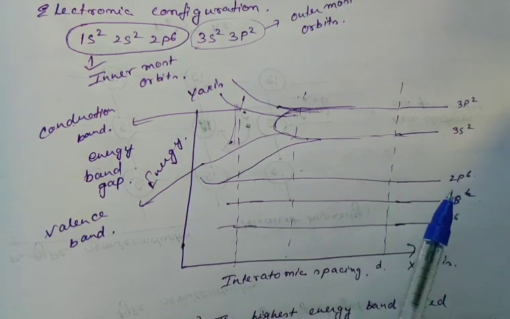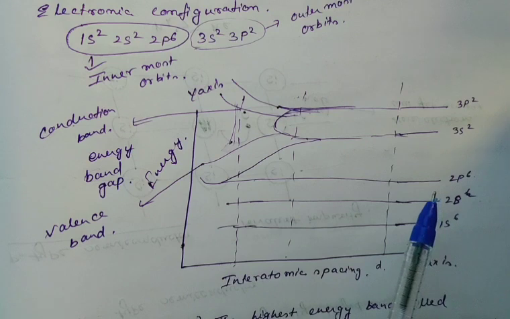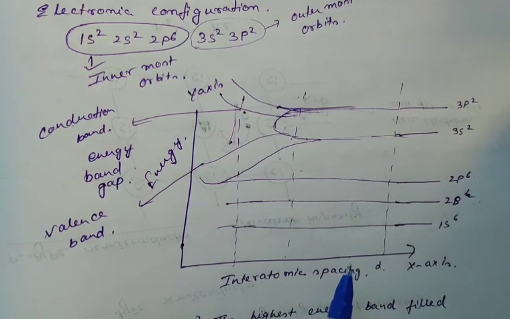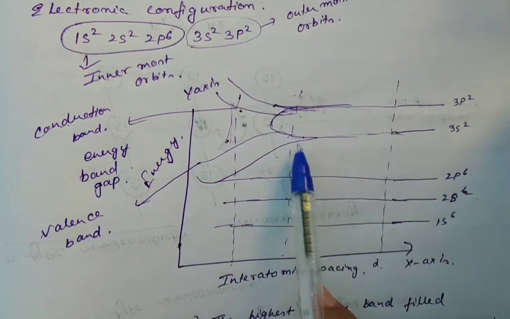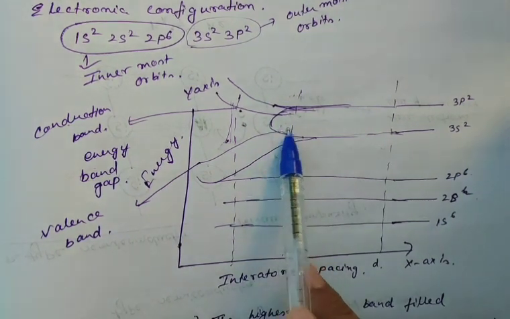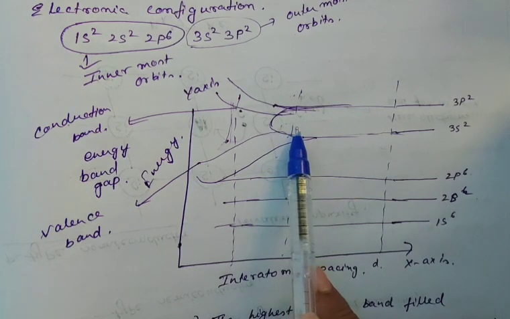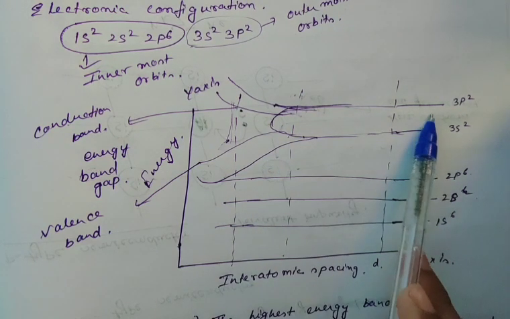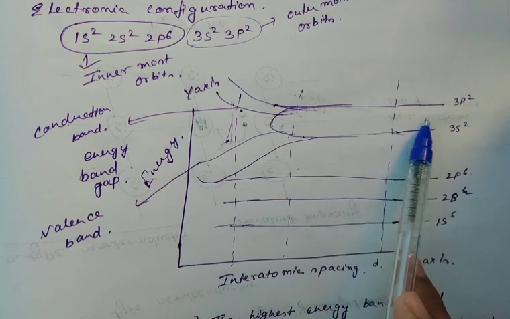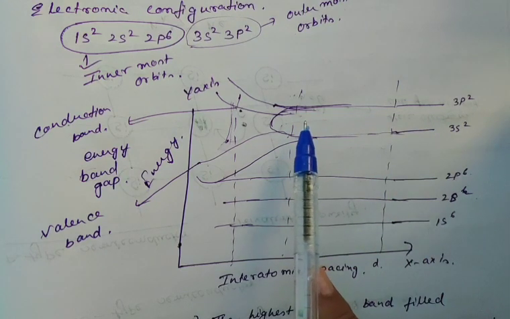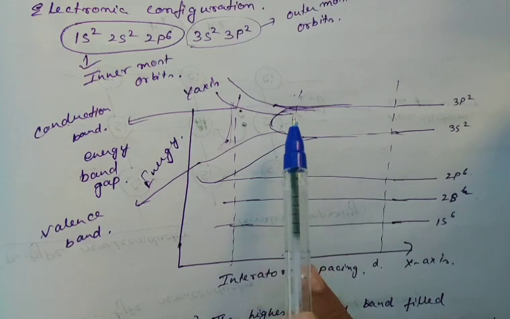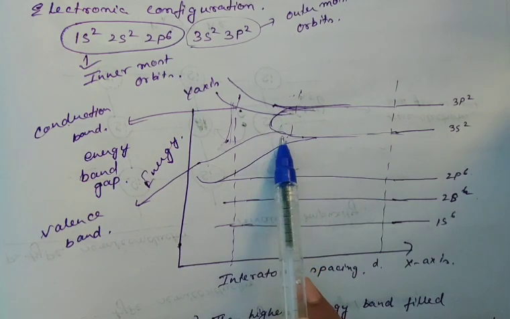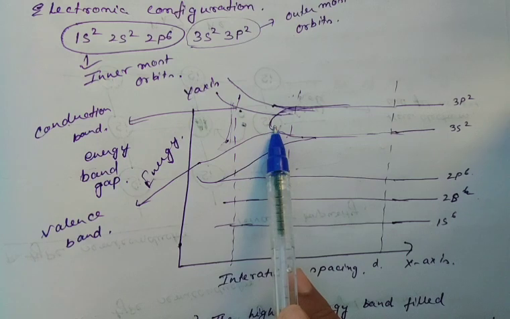Now as the interatomic separation decreases, the valence electrons of the neighboring atoms begin to interact, and the gap between 3s and 3p, the 3s being the outermost shell, completely disappears and the upper and lower energy levels merge with each other.